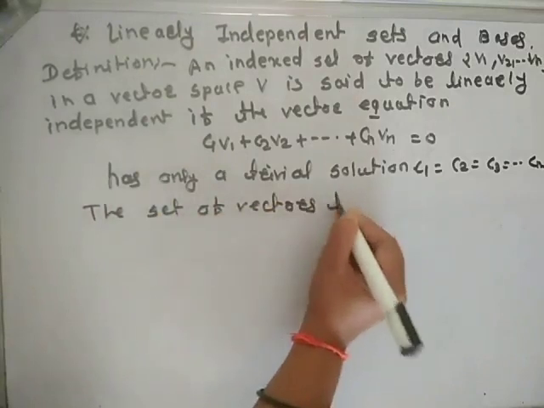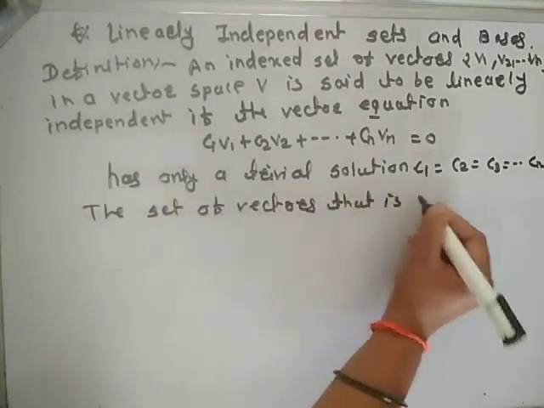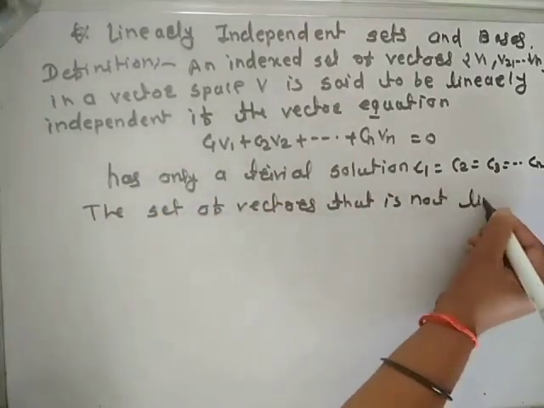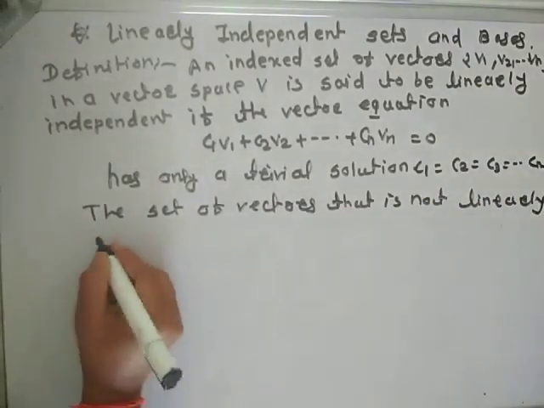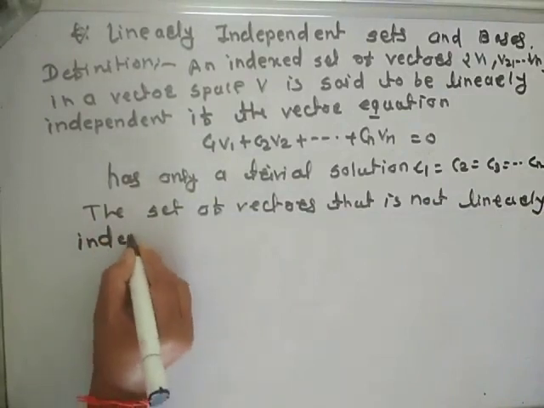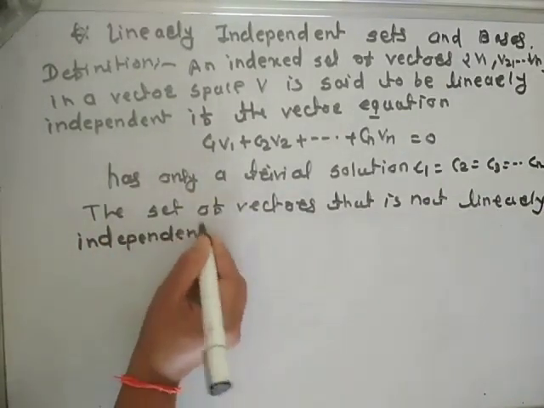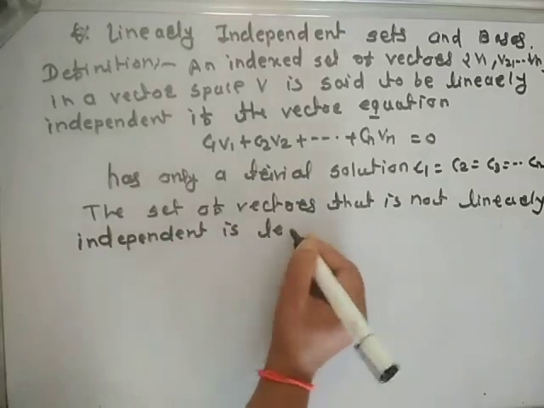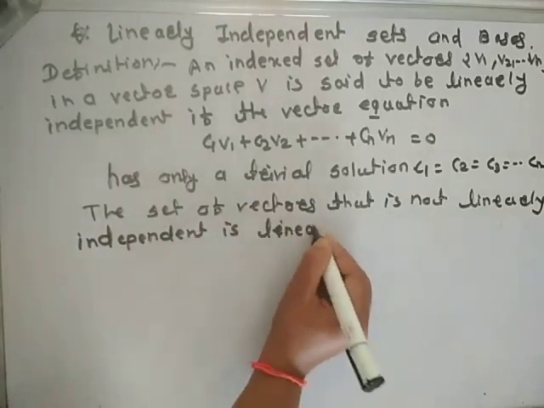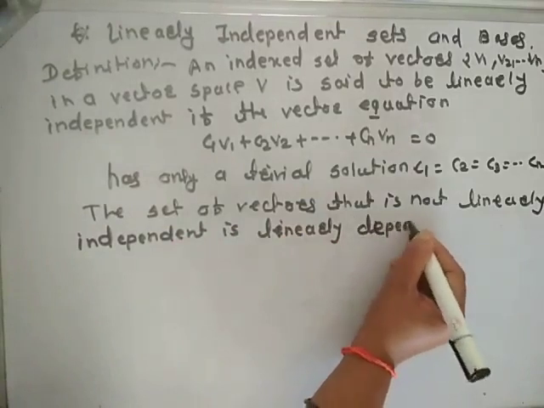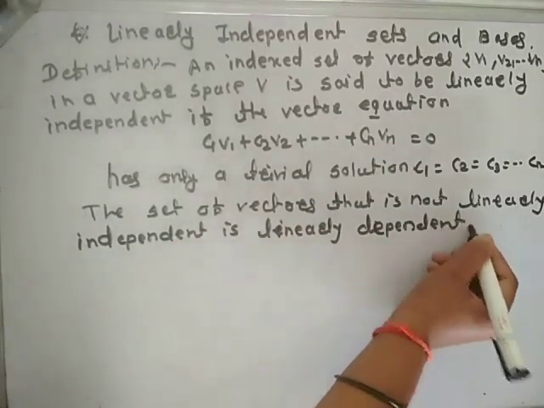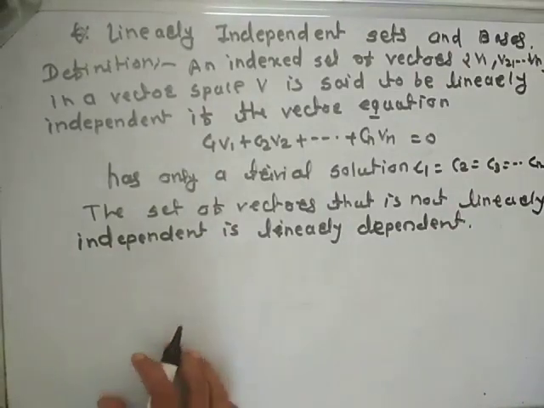A set of vectors that is not linearly independent is linearly dependent.